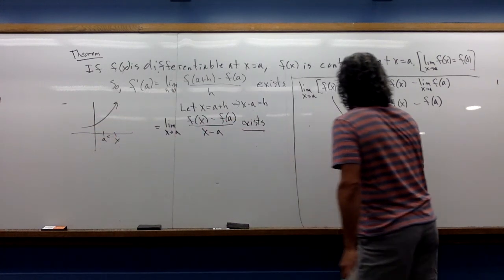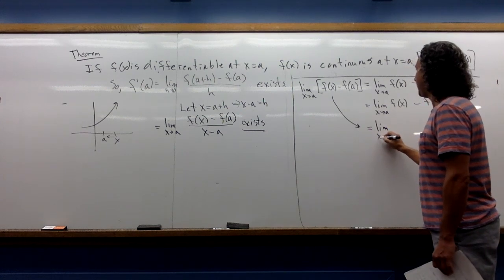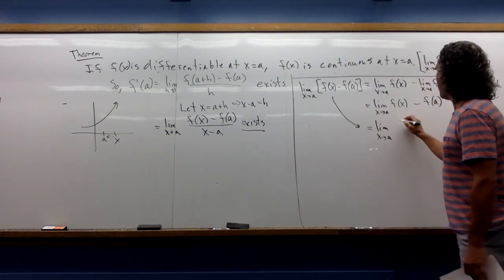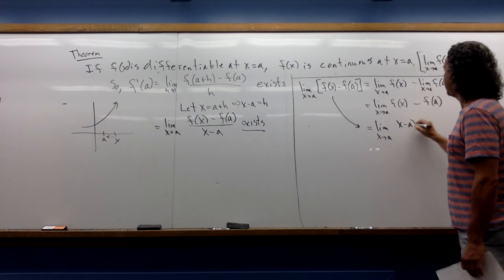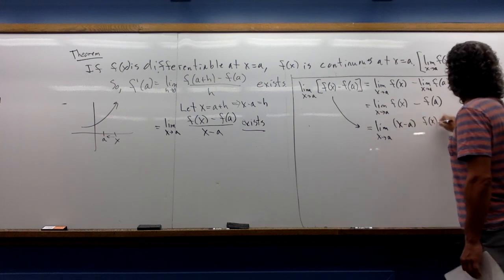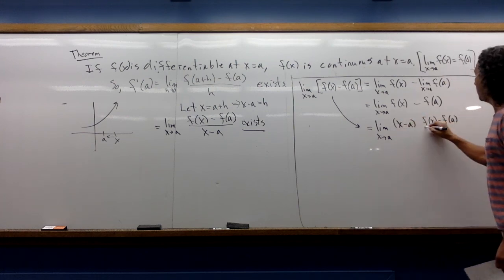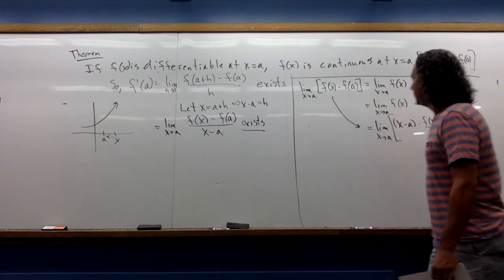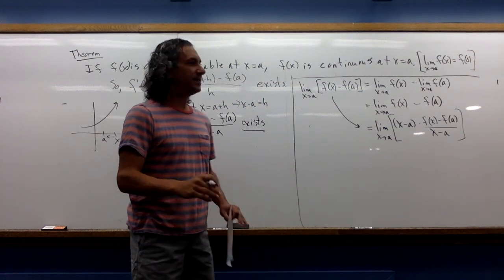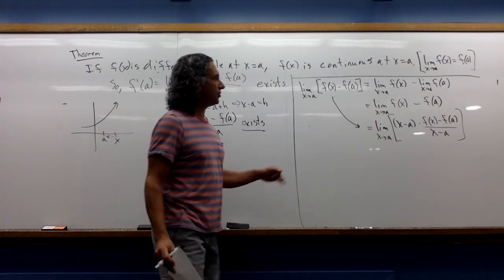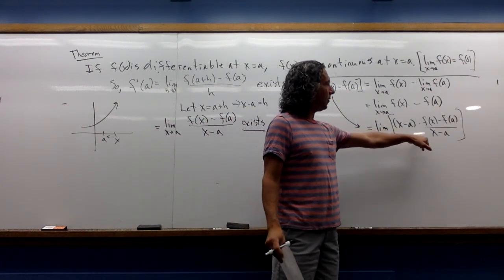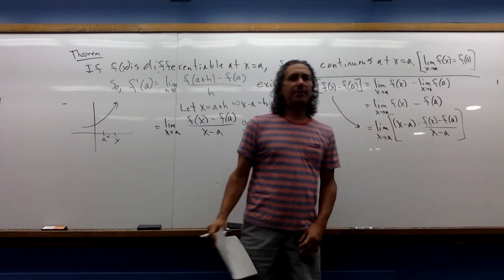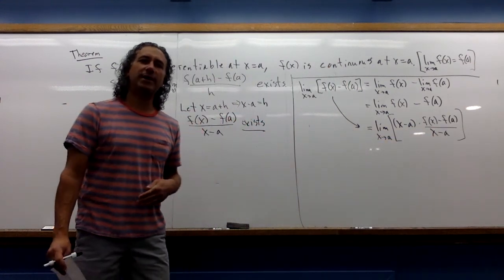This is also equal to the limit as x approaches a of x minus a times f of x minus f of a over x minus a. So why I did that, I'll explain in a minute, but do you believe that that's true? I mean, what did I do? I really just multiplied this thing by 1 because x minus a over x minus a is 1.